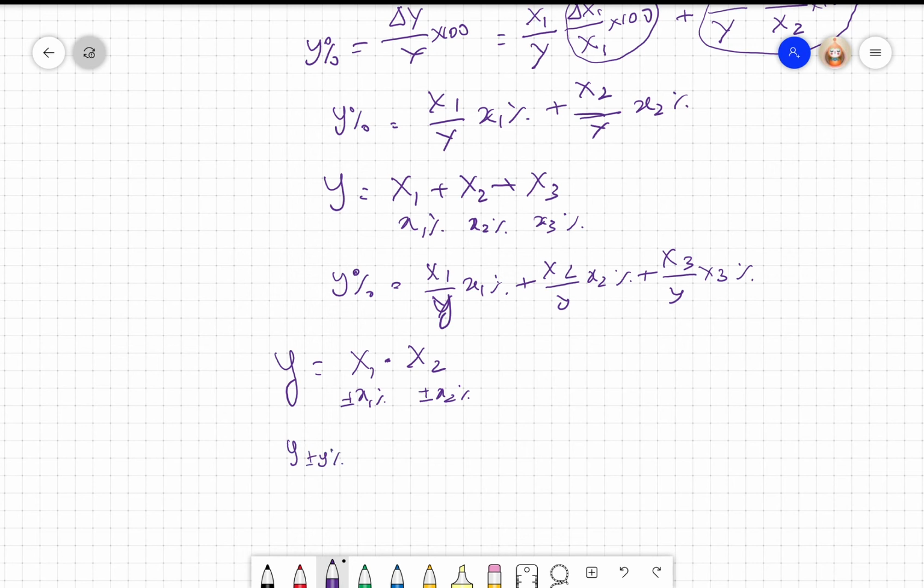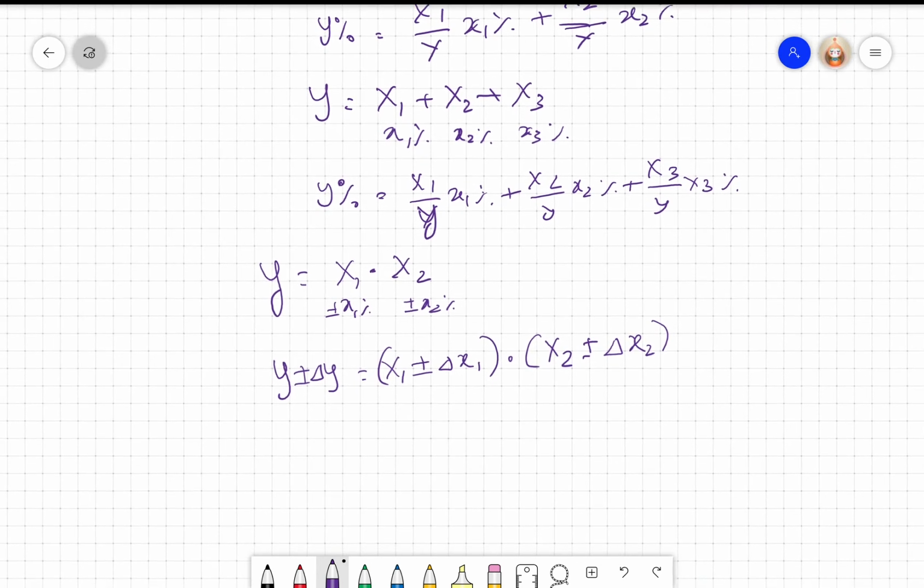So if I now expand this, what is x1 percent? I can write this as x1 plus delta x1, into, let me again remove this, y plus or minus delta y is equal to x1 plus or minus delta x1 into x2 plus or minus delta x2, where delta x1 and delta x2 are errors, not percentage errors, actual errors.